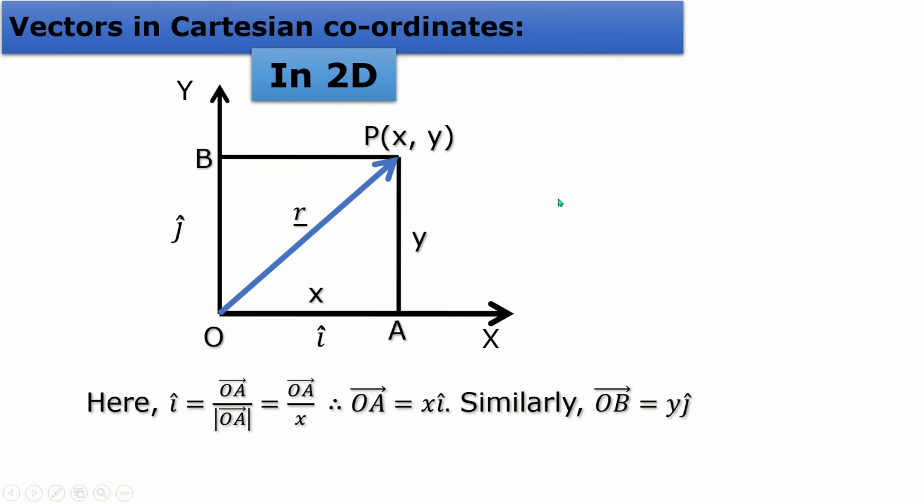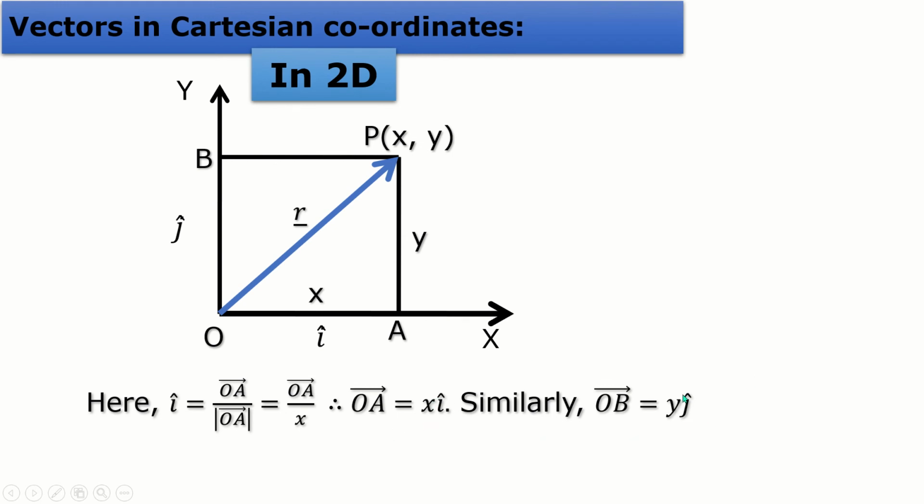Clear? Now from the triangle law of addition of vectors, we get OP vector or r vector equals OA vector plus AP vector, but AP vector equals OB vector. Clear? OA vector equals xi vector, and OB vector equals yj vector. That means r vector equals xi vector plus yj vector.